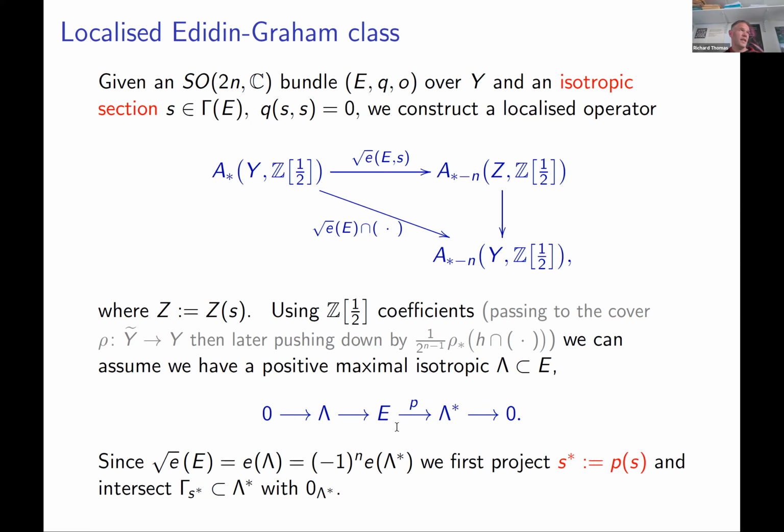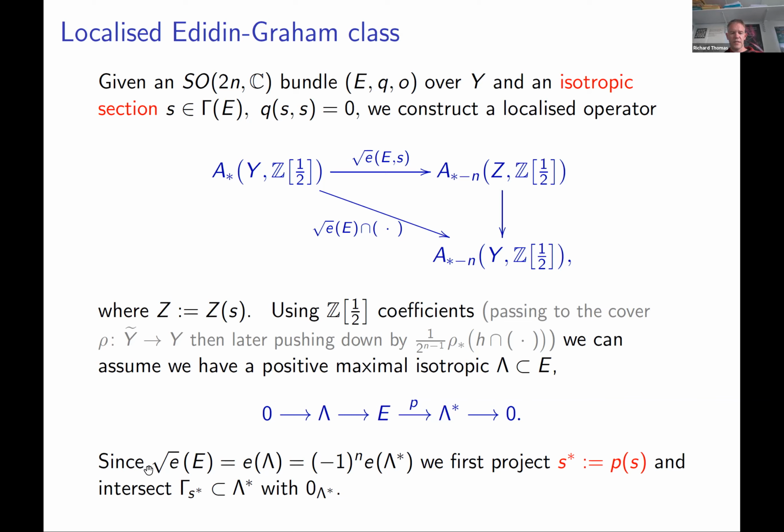And if my isotropic section does lie in lambda, then that localized Euler class of lambda will be the same as the class I'm going to construct now. But in general, not even locally can you do that. There are isotropic sections which do not live in an isotropic subbundle, even locally.